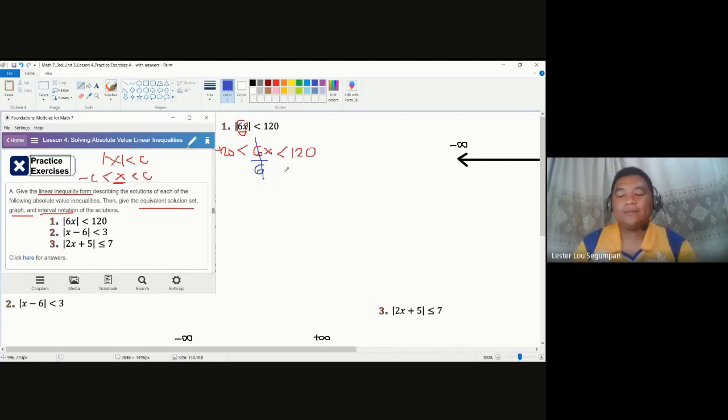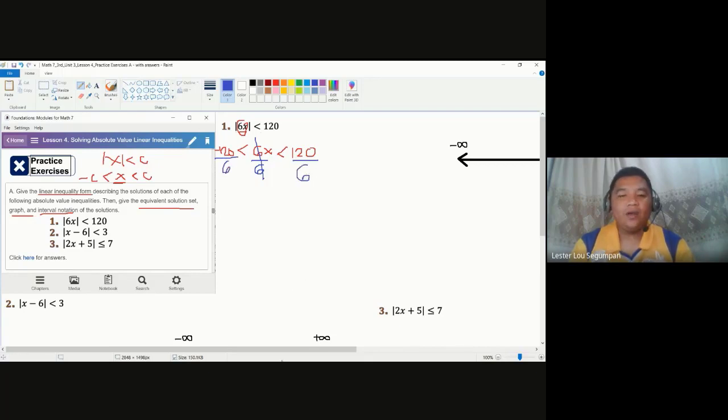But of course, we also have our properties of inequality: whatever we do on one side, we also do on the other side. But since we have three sides here, the middle, the left, and the right, we apply the same thing through all. So when we divide here by 6, we also divide here by 6, and also here.